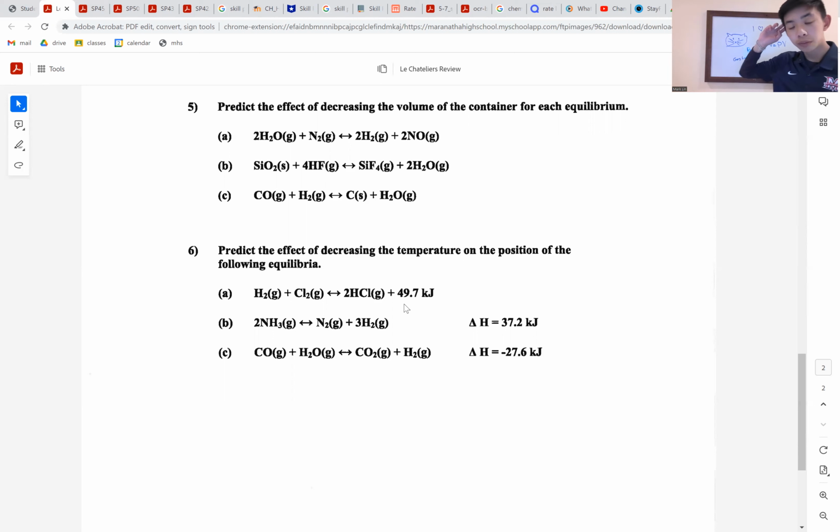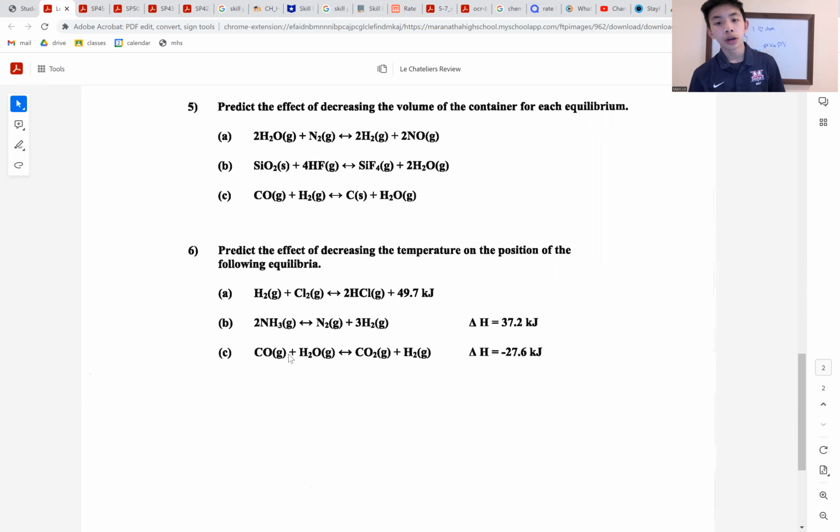For pressure, if you increase the pressure, it will go to the side with fewer moles. Same thing with temperature. If you increase the temperature, it will go to the other side. If you decrease the temperature, it will stay on the same side.